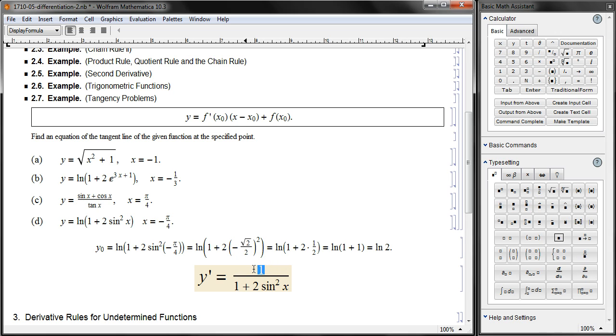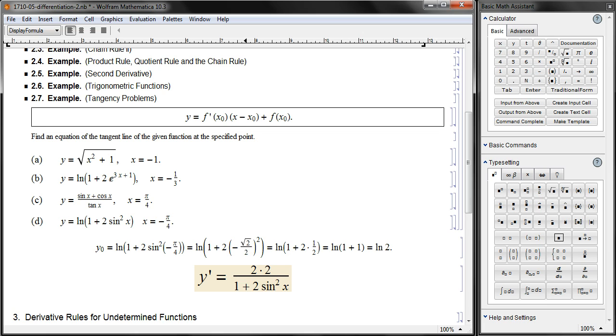Alright, the derivative of 1 is 0, so derivative of this sine squared, how does it go? 2 was there before, and then derivative of sine squared. What's the outer function? Outer function looks like sine, but no, that's not right. Outer function here is power function.